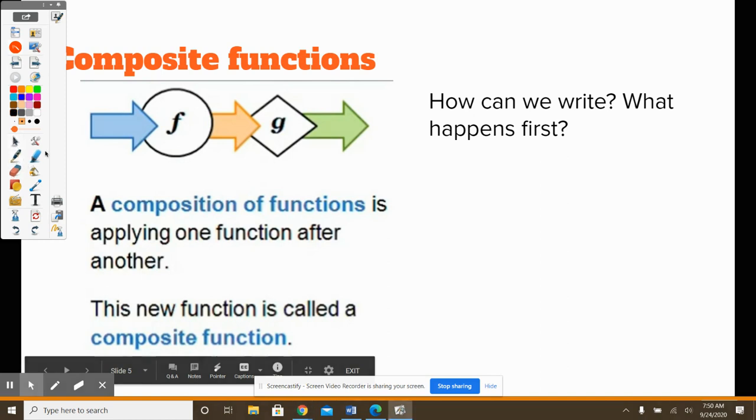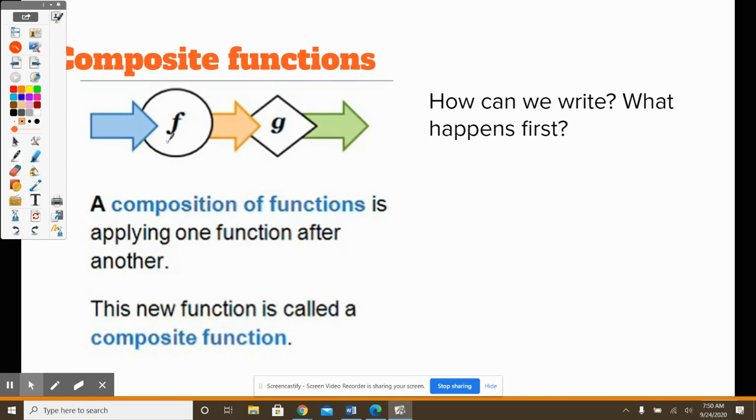Okay, how can we write this and what happens first? In this one, F is happening first, and then G is happening second. Remember the order of operations. The first way that most kids like to write it is you write whatever happens first, and then whatever happens second on the outside, because you start with the innermost parentheses, and then you do the second thing.